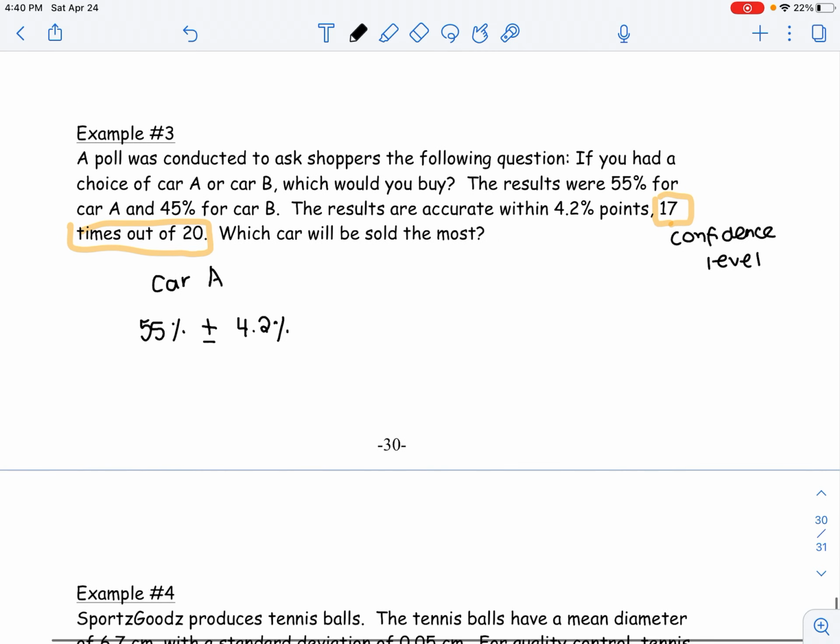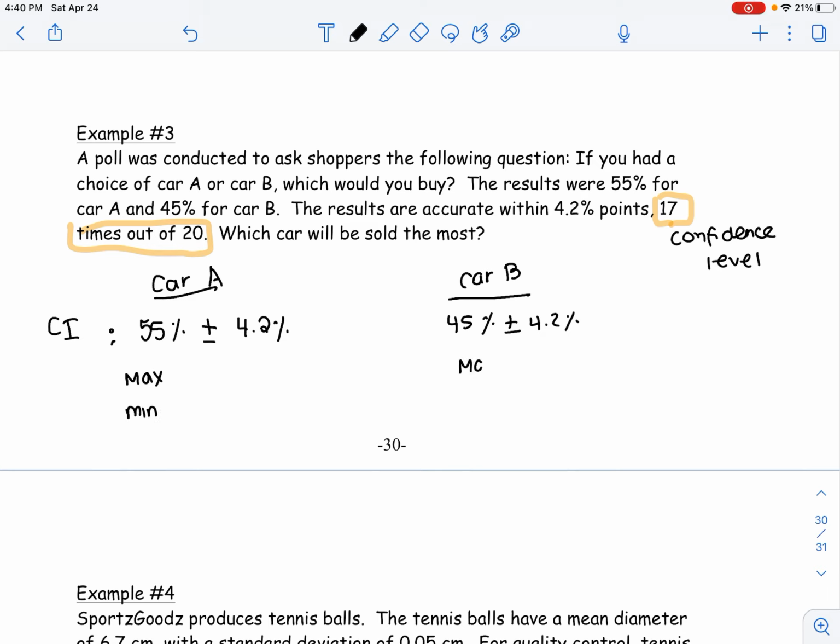So our confidence interval, CI, would be 55 plus minus that margin of error. For car B, the confidence interval would be a 45% average plus minus 4.2. So we need to find that max and min and make a decision from there.